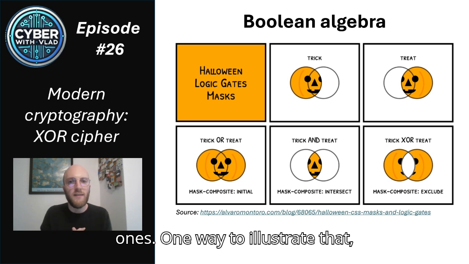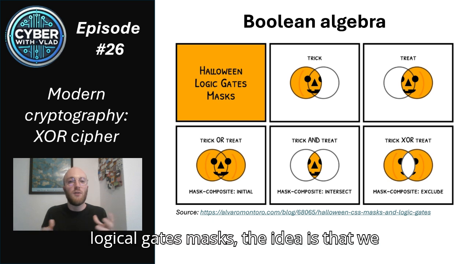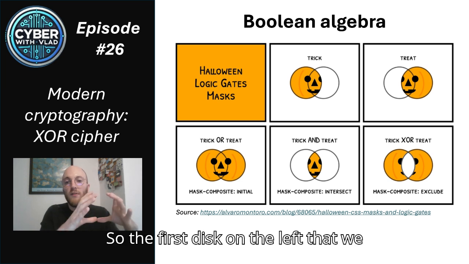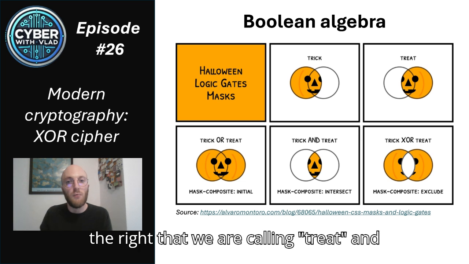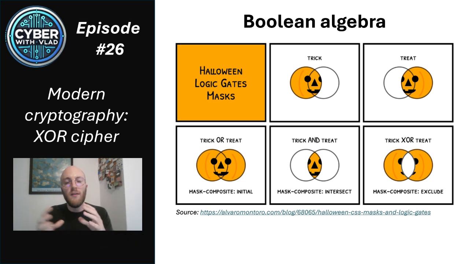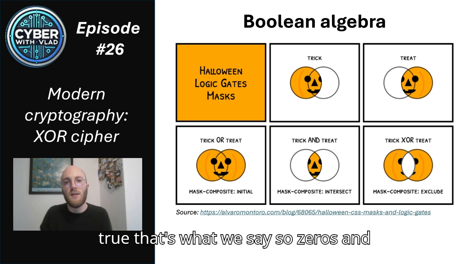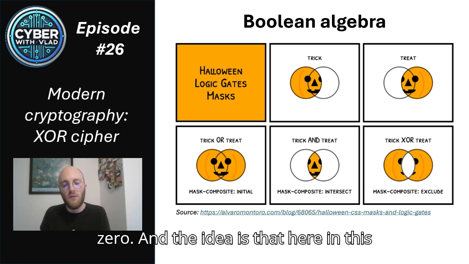One way to illustrate that, and I found this picture of Halloween logical gate masks. The idea is that we are going to depict two disks. A first disk on the left that we will call trick, and a second disk on the right that we are calling treat. And of course, when you do trick or treat, the result is correct. So the result is true. That's what we say. So zeros and ones are equivalent to true or false, true being the one and false being the zero.